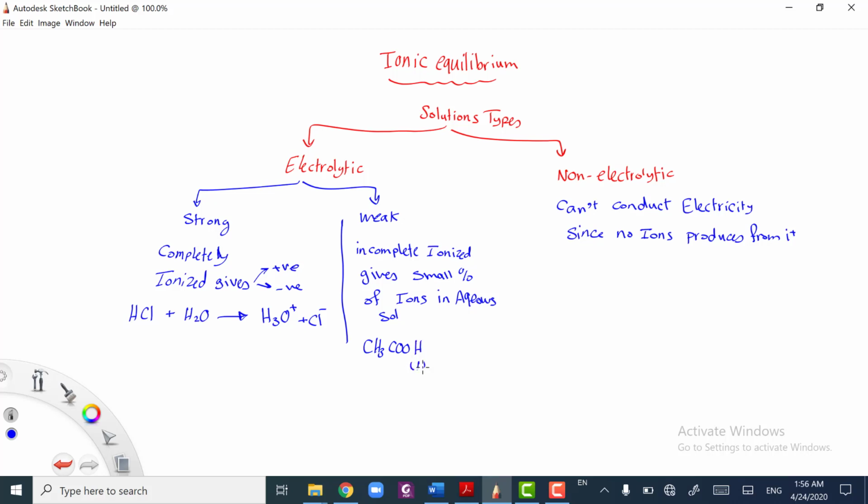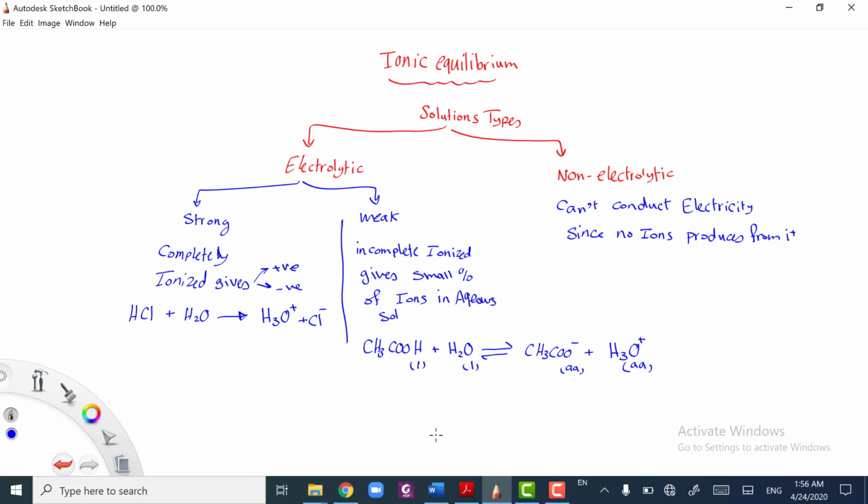It is a liquid. When it dissolves in water, since it's weak, the reaction goes forward and backward, giving us acetate plus hydronium, aqueous and aqueous.